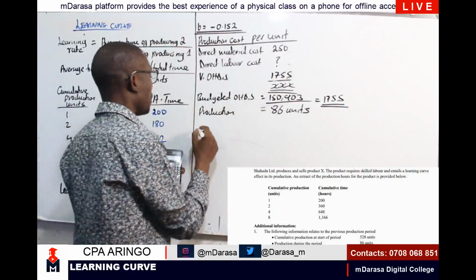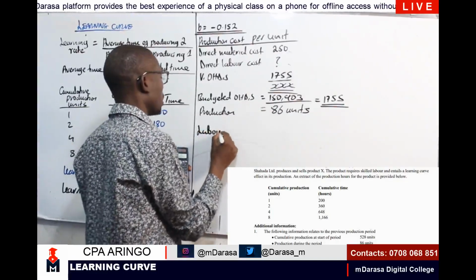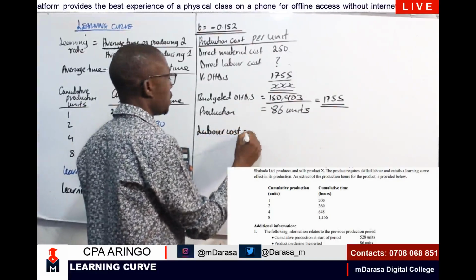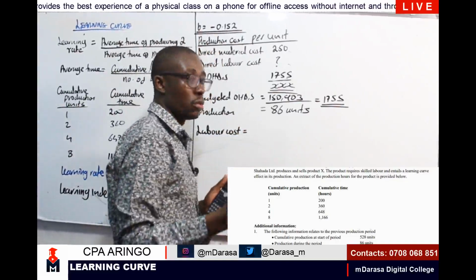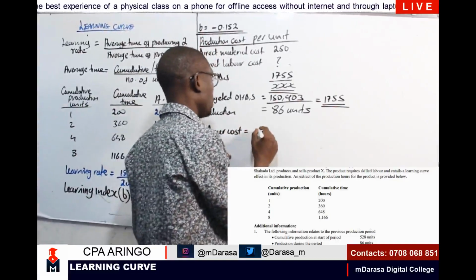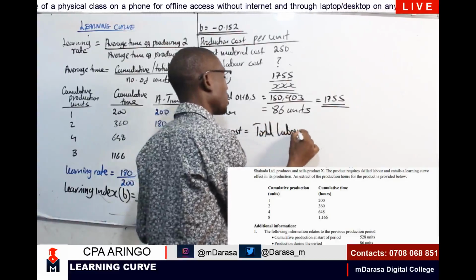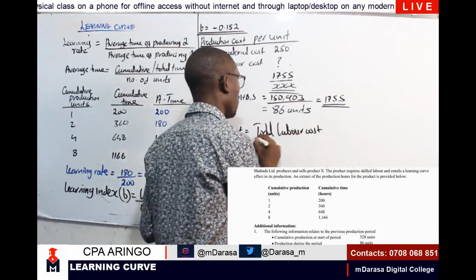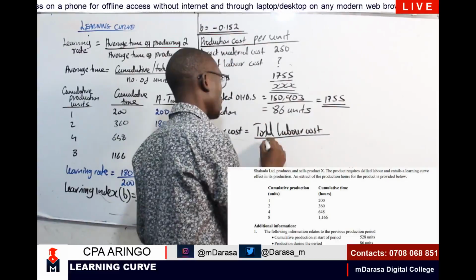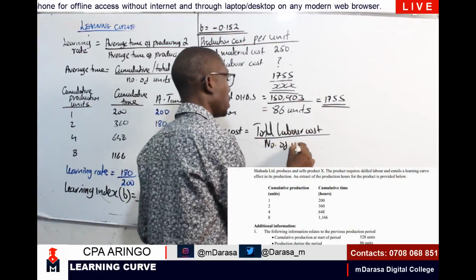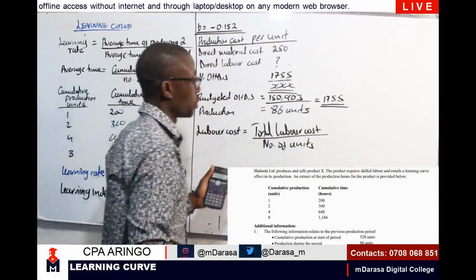To determine our labor cost per unit, my good students, recall, I should be talking of our total labor cost, which we divide by the total number of units produced.